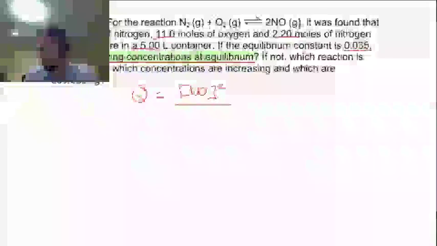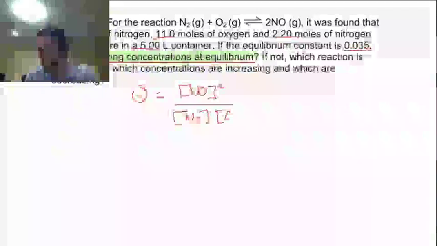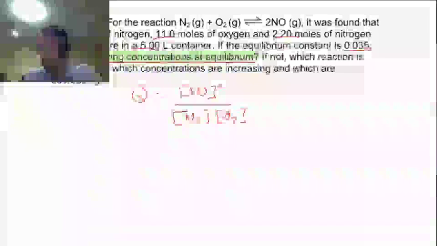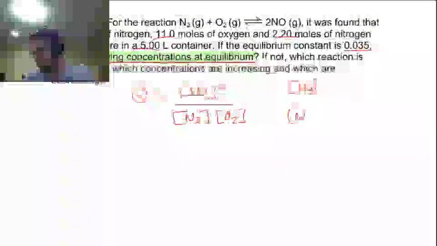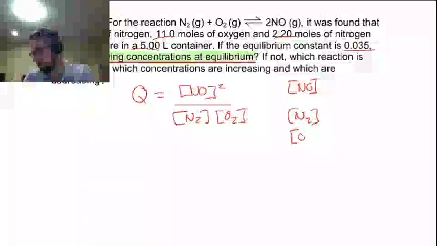That's evidence that you need to do a Q. N2, O2. So we're going to set up our equation like this. Let's get our values out. So we have NO, we have N2. As always, I love it if you can set up a little table of values.